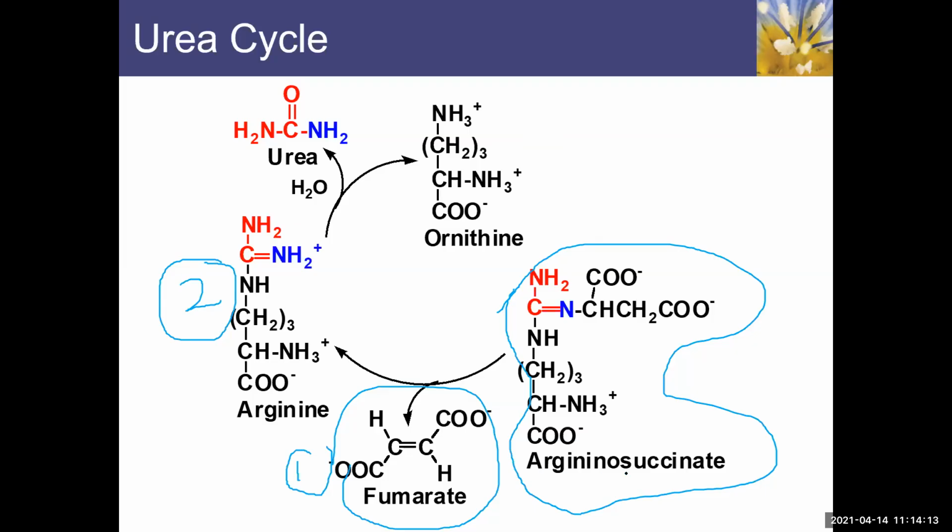So we have the arginosuccinate. What will happen to arginosuccinate? It will break down. As you can see, it will split, right? As a splitting will take place, it's a lyase reaction, and it will result in the formation of fumarate and the arginine. So in this urea cycle, you can expect questions like, what do we start with? What do we end with? What is the first reaction compound?